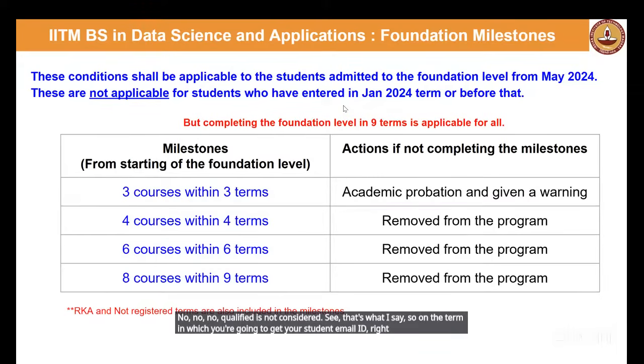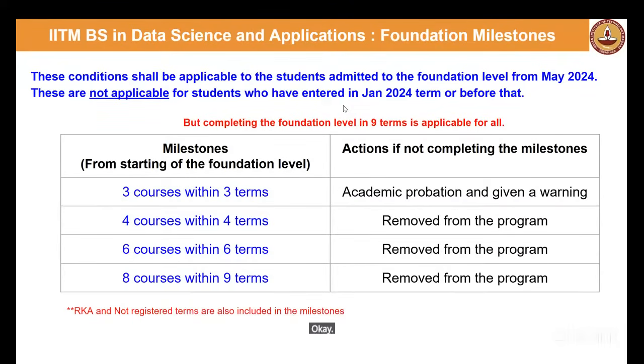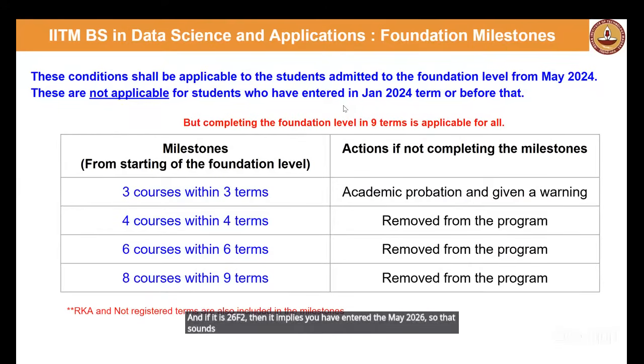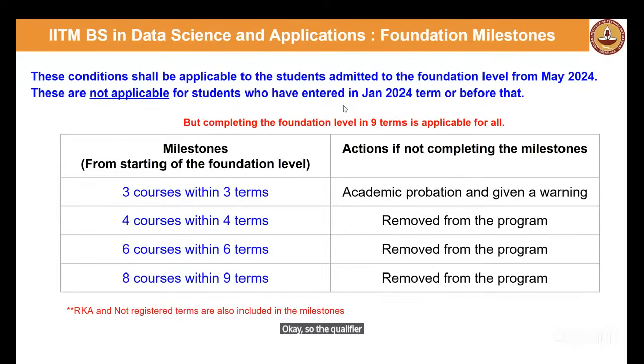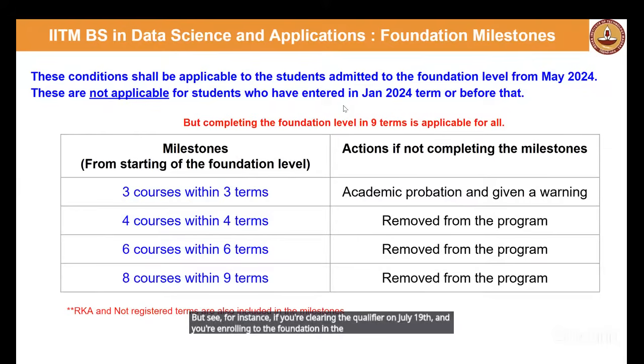If your student email ID is 26F1, then it is considered that you entered your foundation level in 26F1, that is Jan 2026. And if it is 26F2, then it implies you entered in May 2026. So the qualifier will not be considered a term, right? But for instance, if you clear the qualifier on July 19th and you enroll in foundation in the same term, then that term is considered the start of your foundation level.